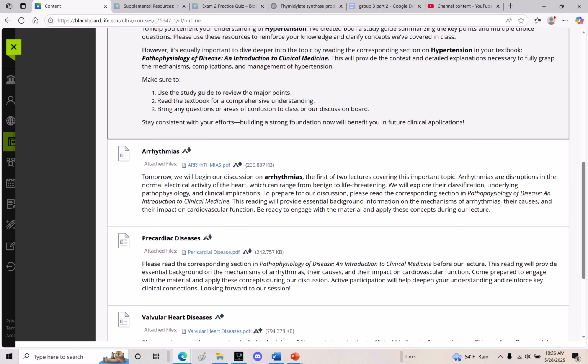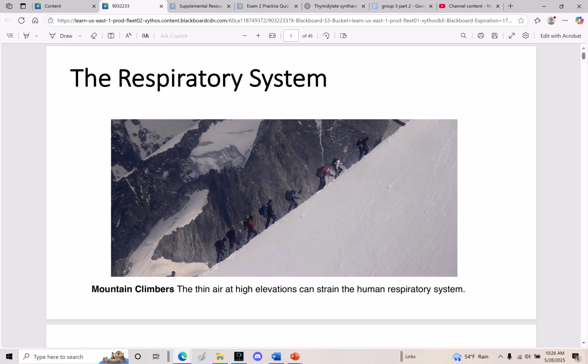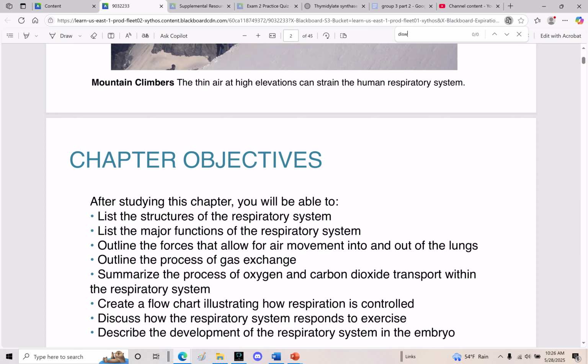All right. So in English, restrictive lung diseases are a set of diseases that make it difficult for the lungs to fully expand, reducing the amount of air to be inhaled.